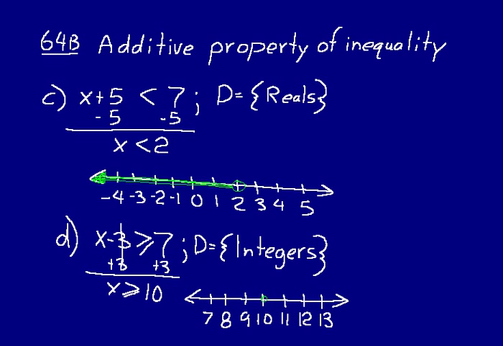We put a dot at 10, just kind of like a closed circle, another one at 11, 12, 13, and then we'll shade in the arrow to show that we are continuing on to the right. So that would be the graphical expression of x greater than or equal to 10. So the additive property of inequality is just like the additive property of equality.